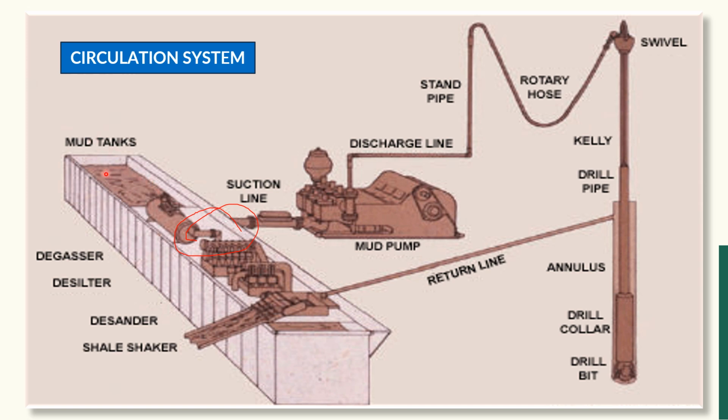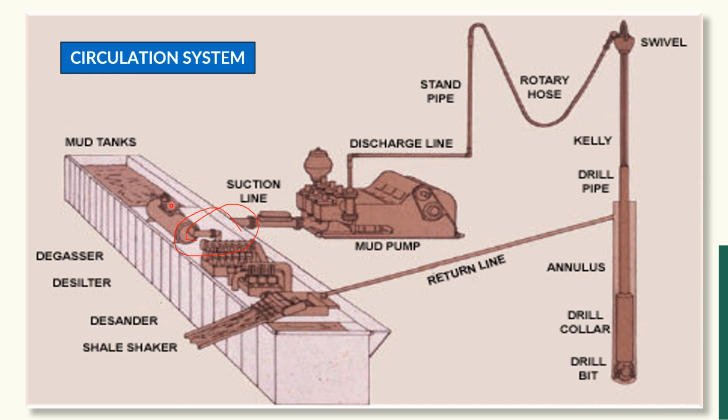This is the mud tank here. If the mud logger finds the properties of the mud are correct, for example the density, the viscosity and other technical properties, then this same mud is transferred to the suction tank and used regularly.